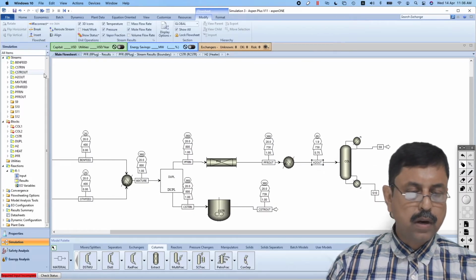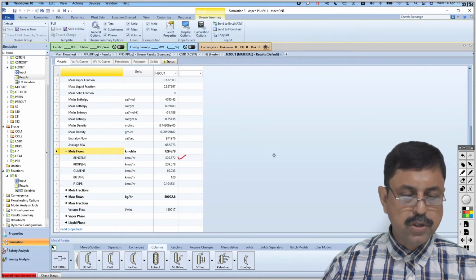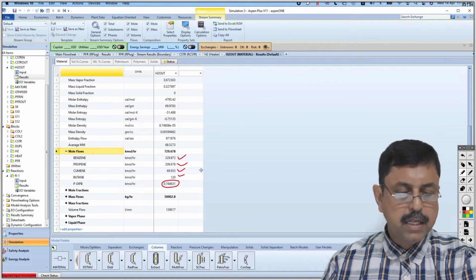What is H2 out? So the stream results, H2 out, you can check, 329.872 kilomole per hour of benzene, this much of propene, this is cumene, butane, and some amount of DIPB.